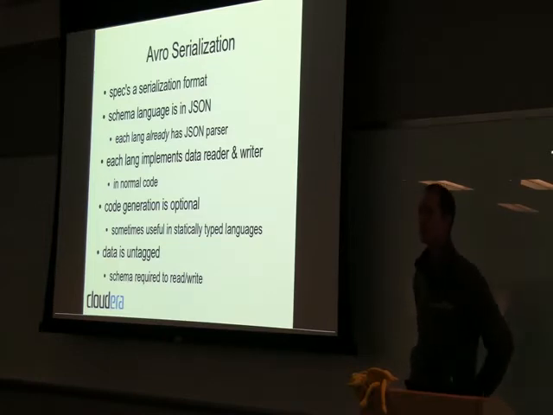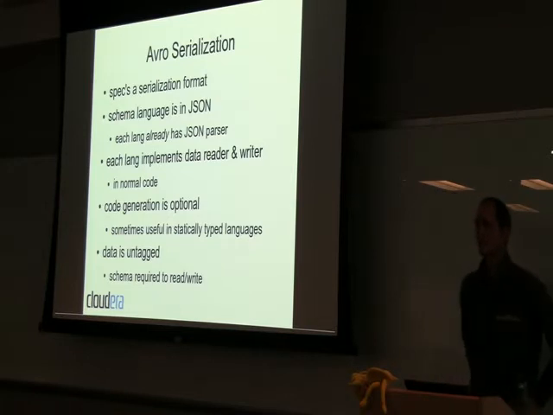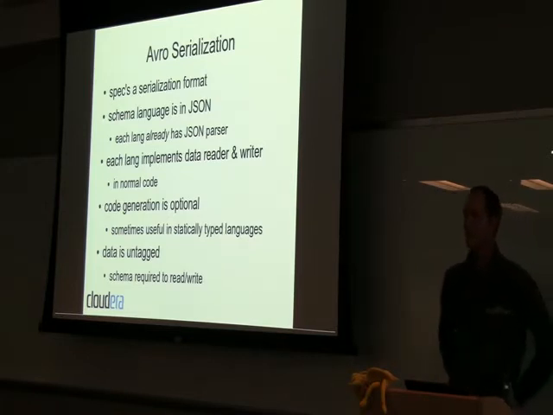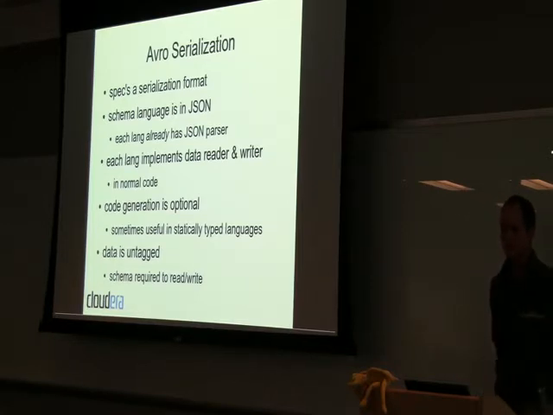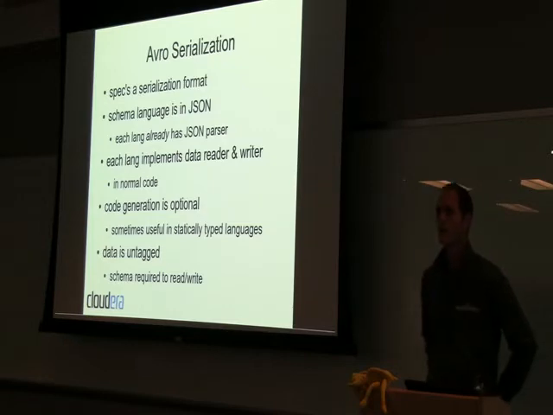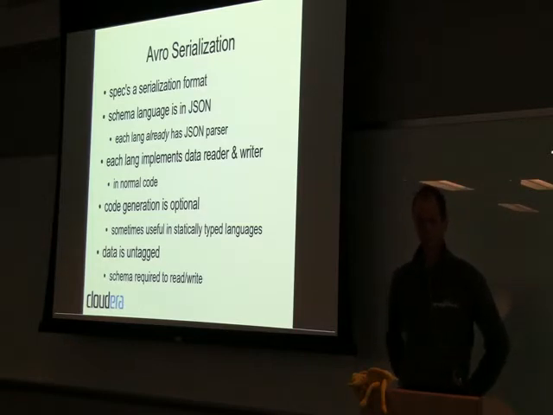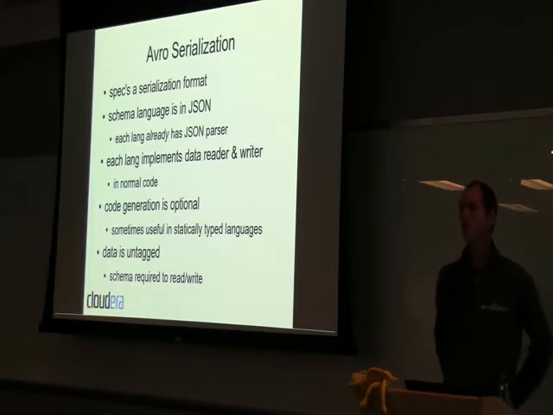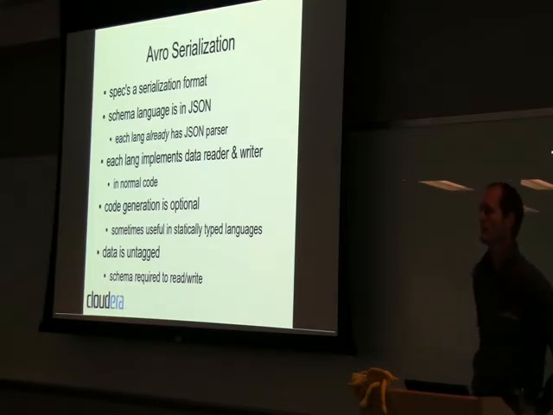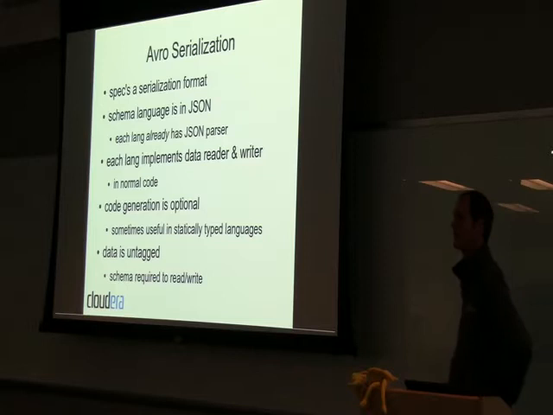based on a schema. It's a fairly straightforward algorithm that's specified, where you walk the schema to read and write each instance. Anyway, code generation is optional. You don't need to generate classes for every data type.